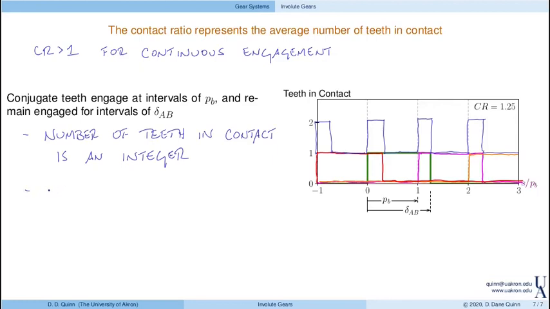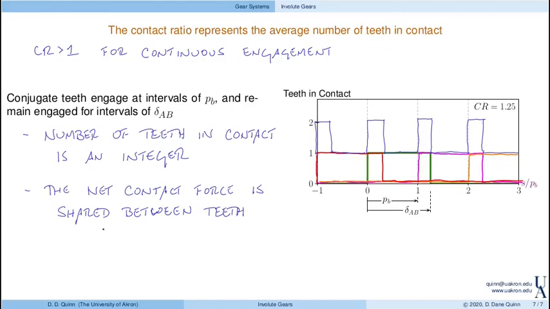And as a result, the net contact force is shared between teeth in contact at any instant.